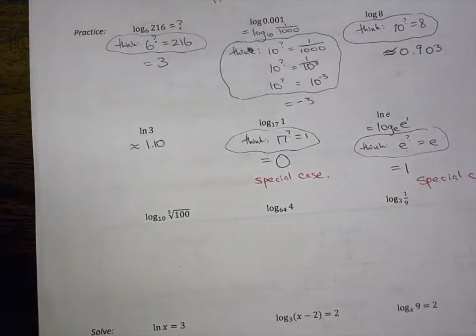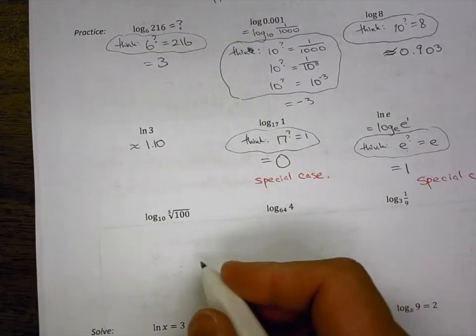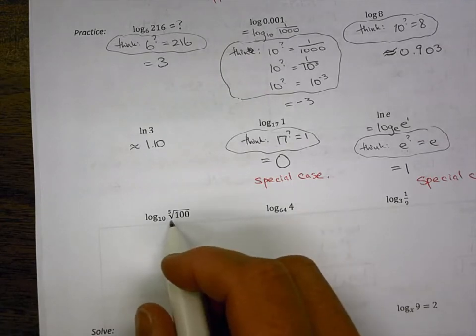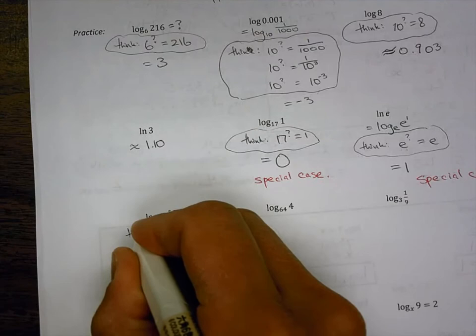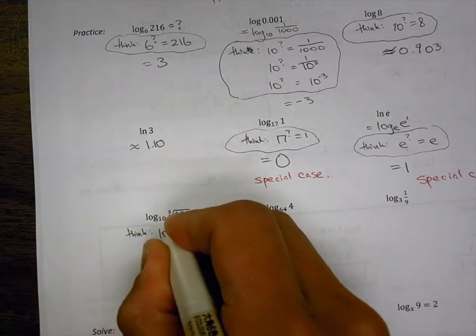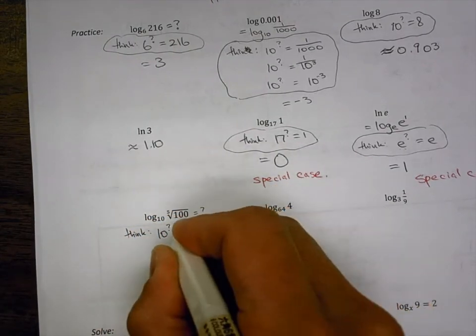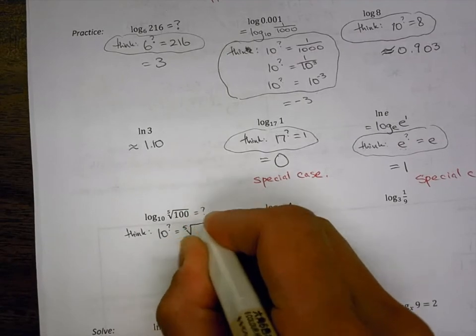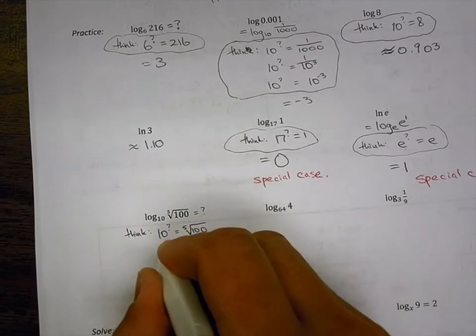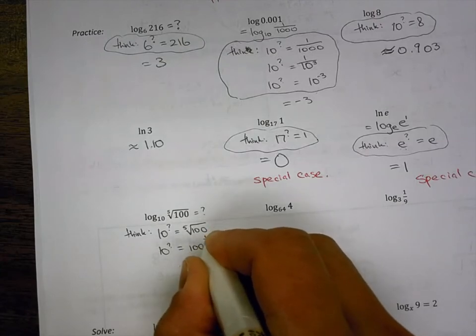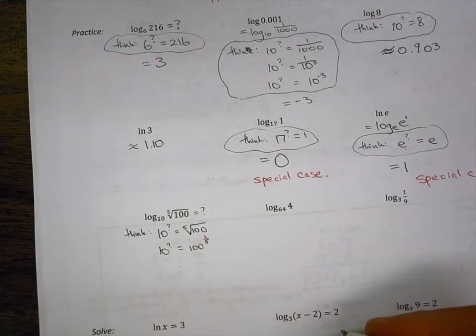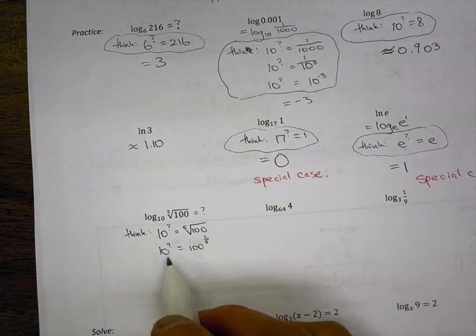Oof, now we have a scary one right here. So let me rewrite this. This is going to be 10 to the power of what is equal to the 5th root of 100. Now the 5th root of 100 just means 100 to the power of 1 over 5. This is tricky.